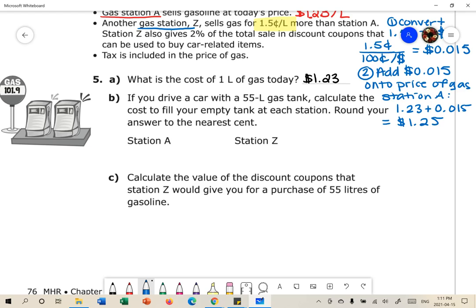If you drive a car with a 55-liter gas tank, calculate the cost to fill your empty tank at each station. Round your answer to the nearest cent. So for station A, it's $1.23 per liter, and I'm going to multiply that by 55 liters.